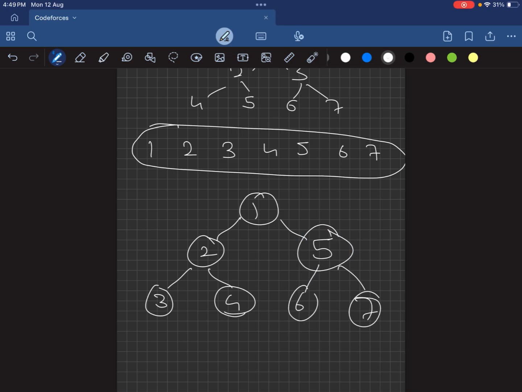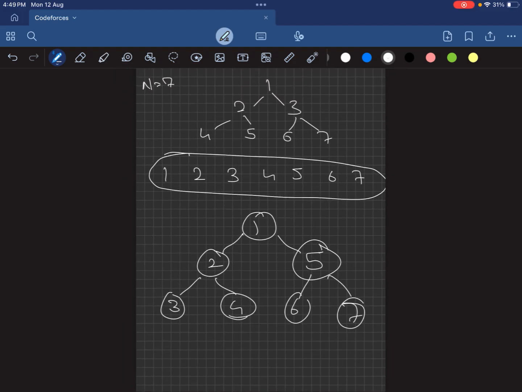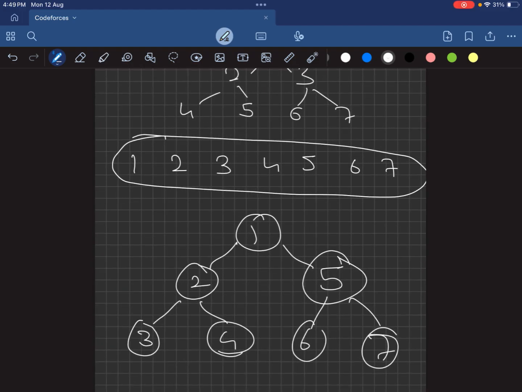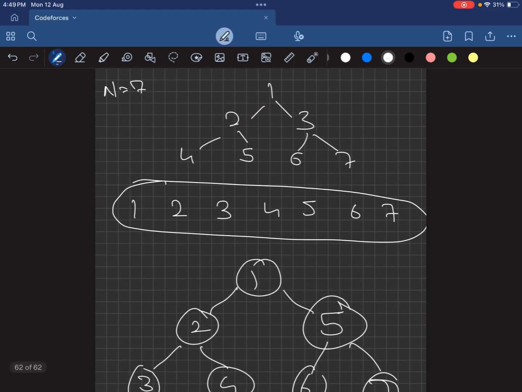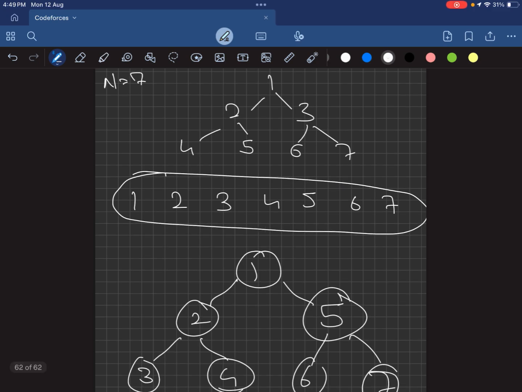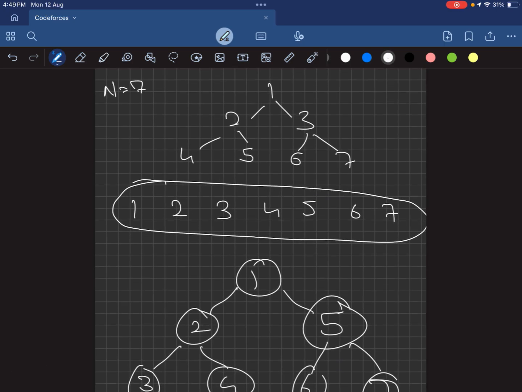Now the question is, how did we determine who are the children of 1? Before we find this out, let us give the notion of depth to each of the vertices. Since 1 is the root, we'll give it depth 3. I shouldn't say depth in this case, I will call it height or something.